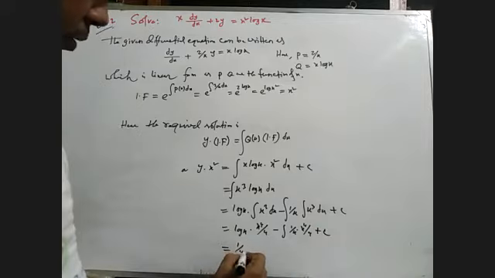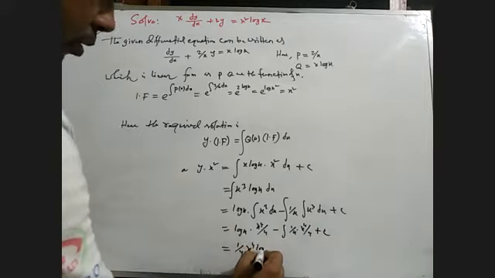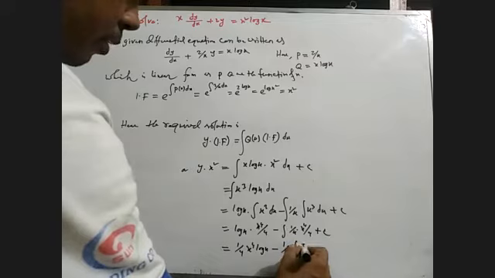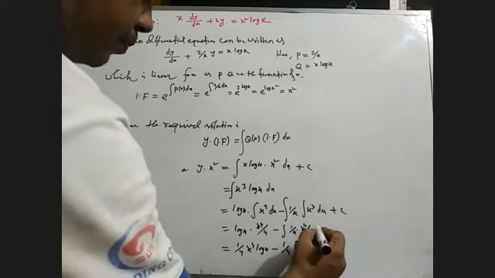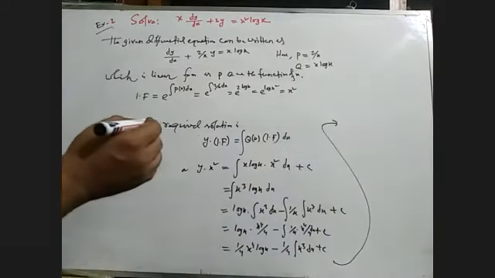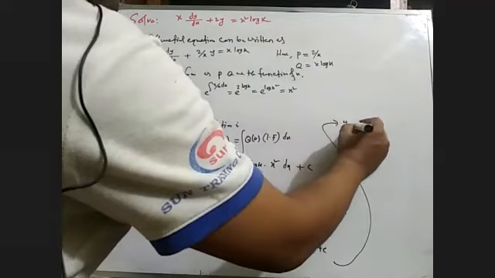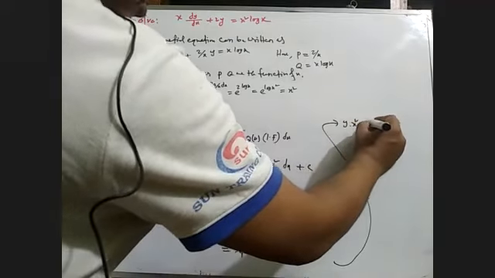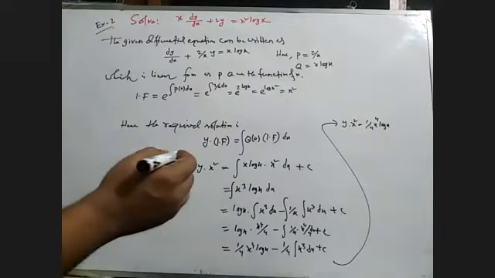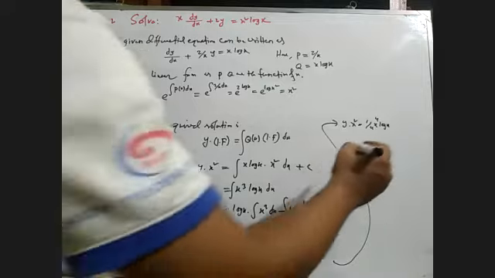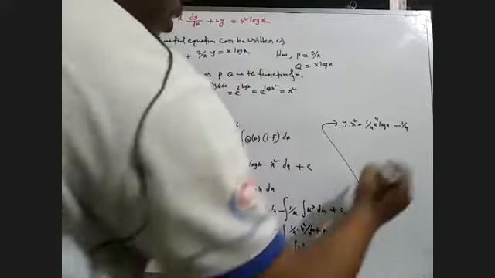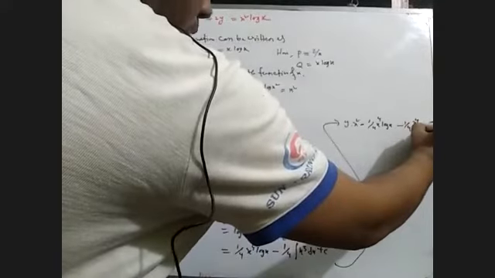So we get 1 by 4 x4 log x minus 1 by 4 integral of x cube dx plus c. So the required solution can be written as y x square equals 1 by 4 x4 log x minus 1 by 4 times x4 by 4.